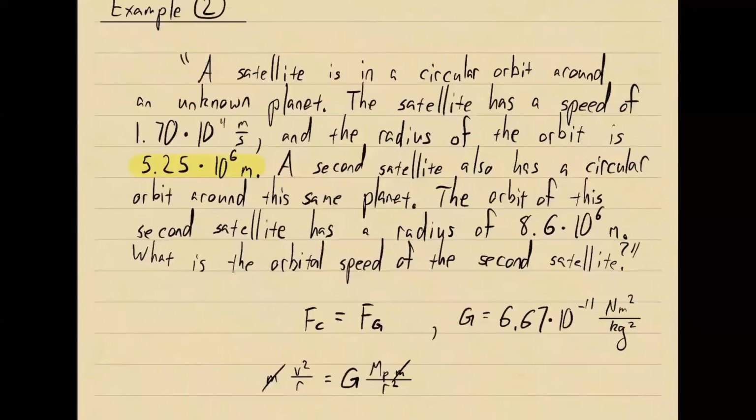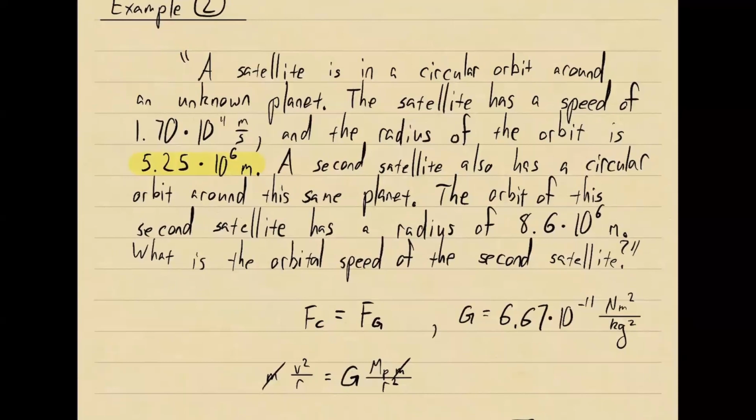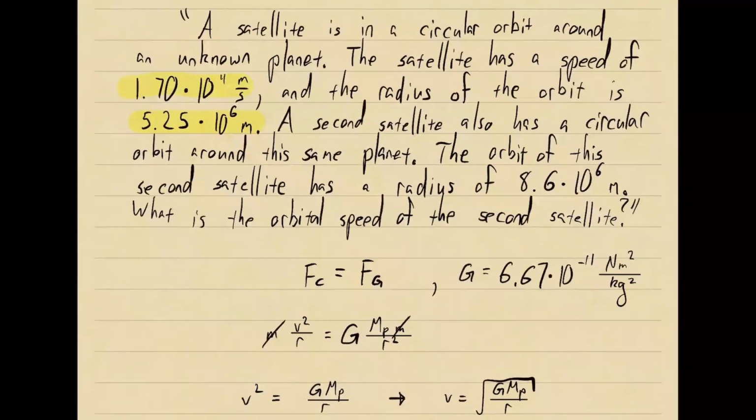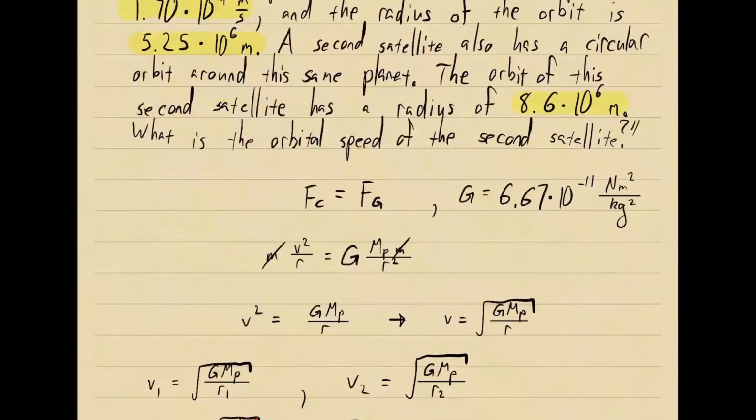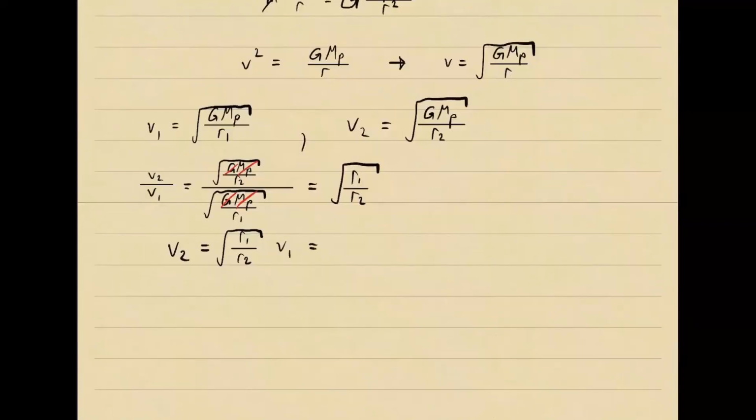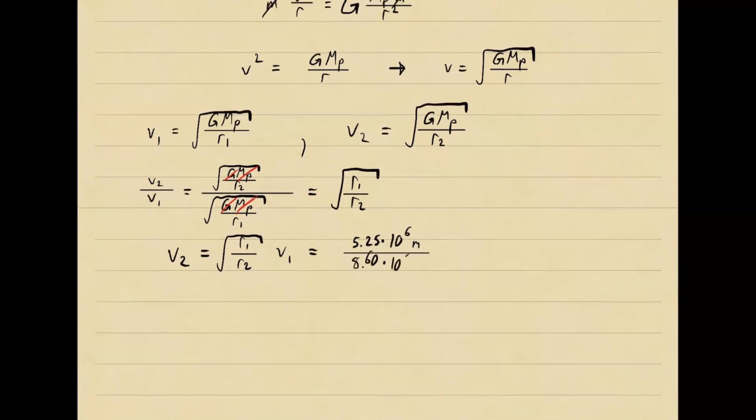But we know what the speed of the first satellite is. The speed of the first satellite, v1, is 1.7 times 10 to the 4 meters per second. And we also know the radius of the orbit for the second satellite. That's 8.6 times 10 to the 6. So plugging all this in, this is equal to r1, which is 5.25 times 10 to the 6 meters, divided by r2, which is 8.6 times 10 to the 6 meters, all of that under a square root.